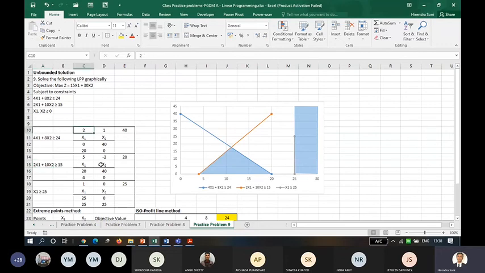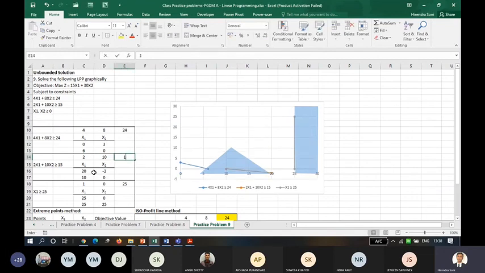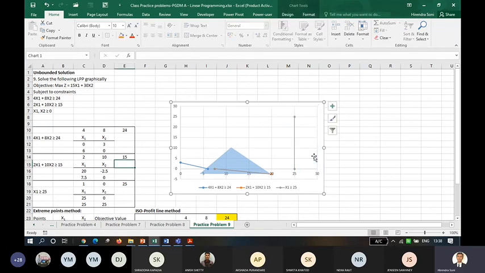Here the equation would be 4x1 plus 8x2 greater than or equal to 24, whereas here 2x1 plus 10x2 greater than or equal to 15. And this third one is not there.